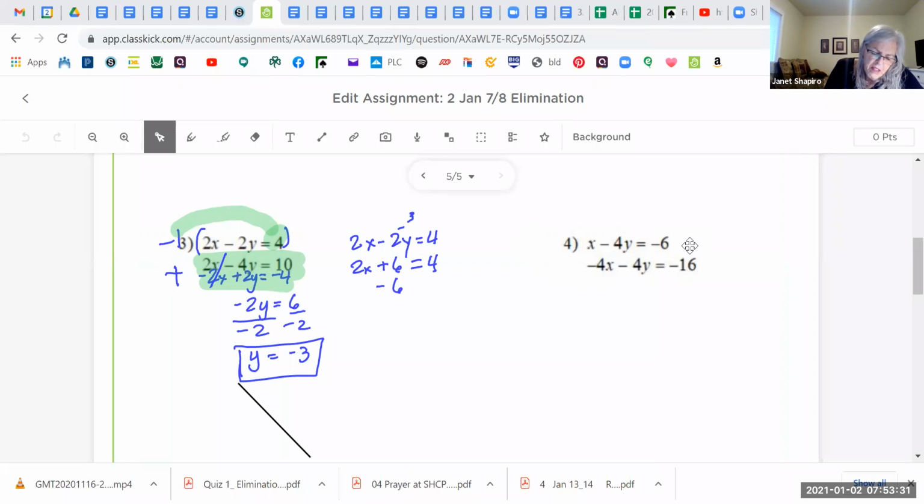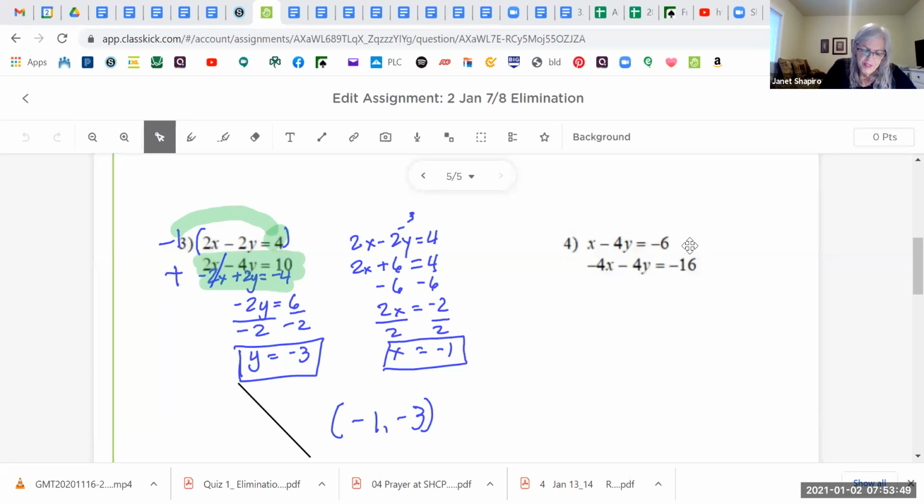I subtract 6 from both sides because I'm solving for x, divide by 2, and I get x equals -1. And so my answer is -1, -3. Right. Go to the next one.